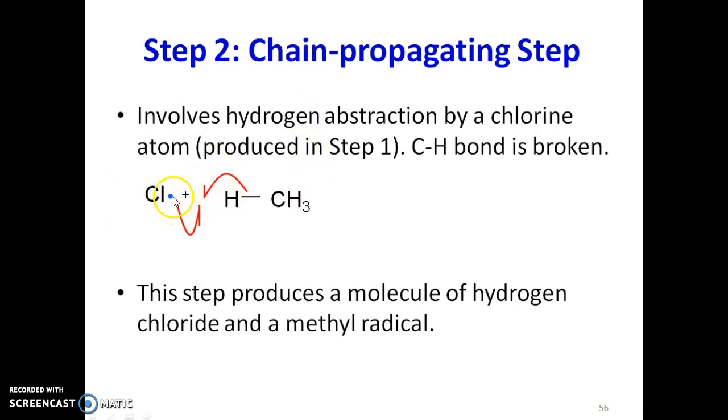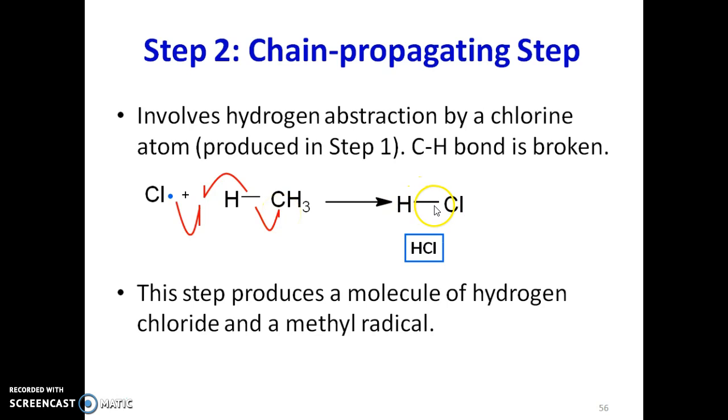This electron from the Cl free radical combines with one electron from the H. Remember to use a single-headed arrow because it is the movement of one electron. It means these electrons meet together to form a bond. Then the other electron from this bond that is breaking goes to C. So the product you will produce is HCl.